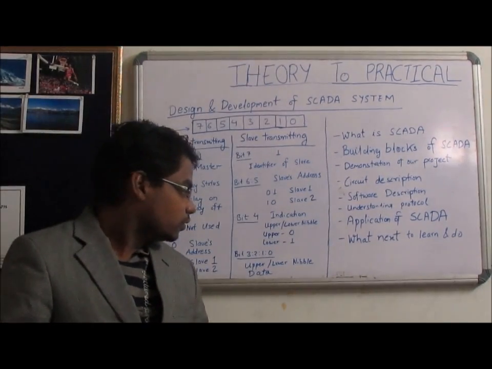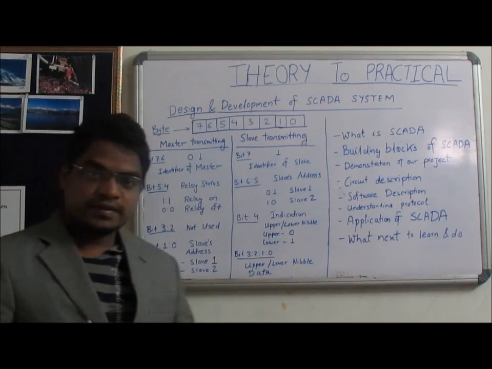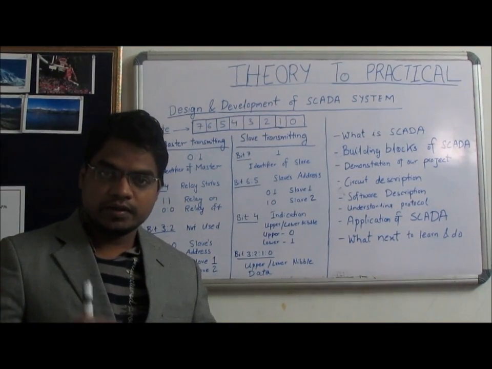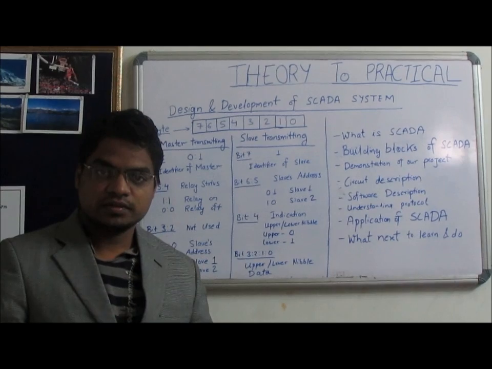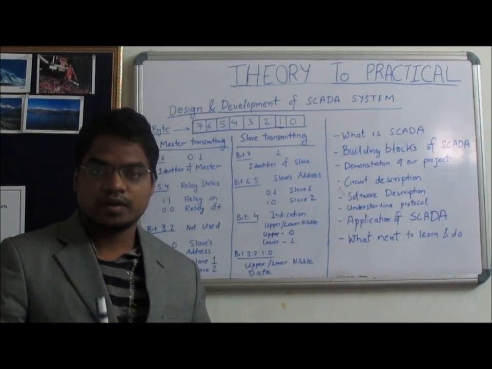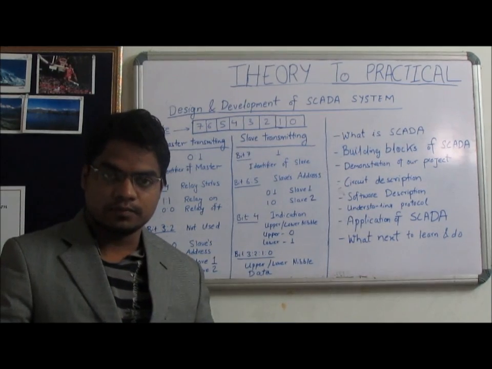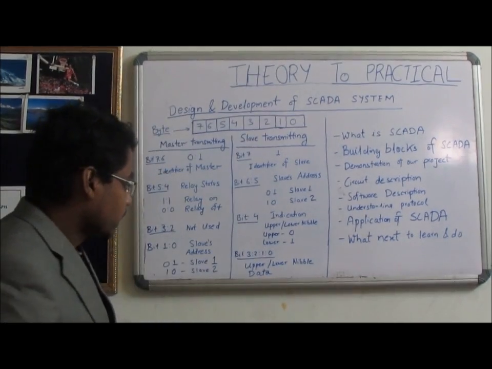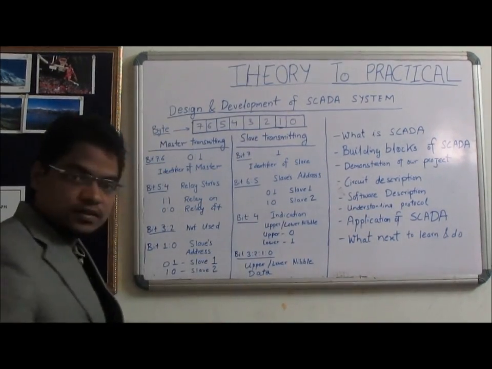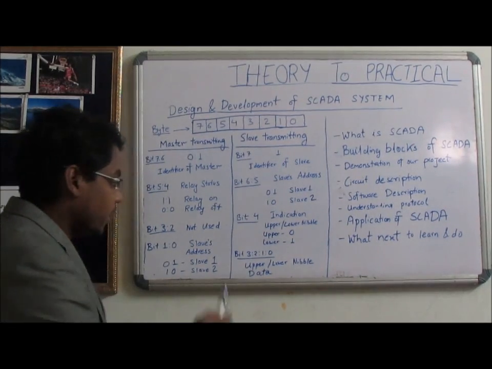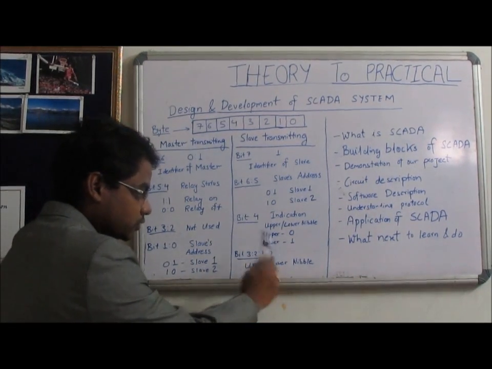First I will tell you, the slave has to send 8-bit data. So what it will do, first it will divide its 8-bit data into two sets of 4-bit data called nibbles. It will keep this nibble data at bit 3, bit 2, bit 1 and bit 0.